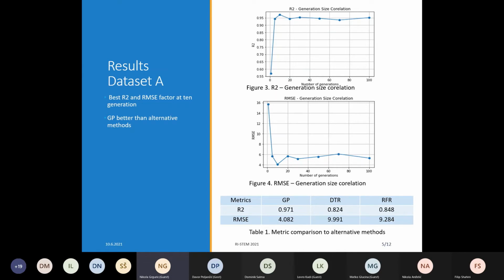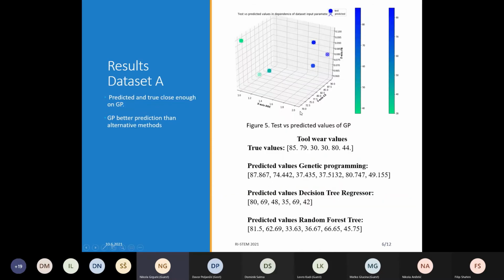Also, GP has been the most successful at tool error prediction. Test and predicted values are shown in figure 5. As seen, no large color difference can be seen, indicating test and predicted values of GP could be considered as good. Predicted values for each used method can be seen on this slide.